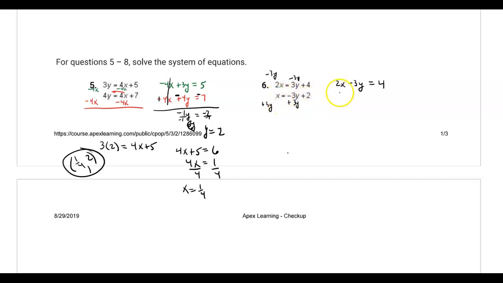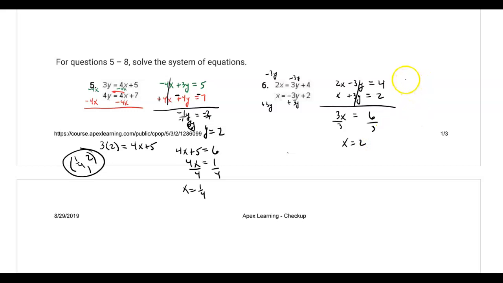So I have positive x, I have plus 3y equals 2. So 2x plus x now is 3x, because if you notice, the y is eliminated. 3x equals 6. Divide by 3, x is equal to 2.